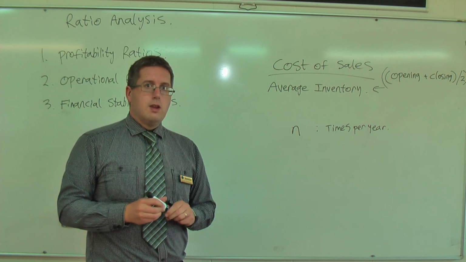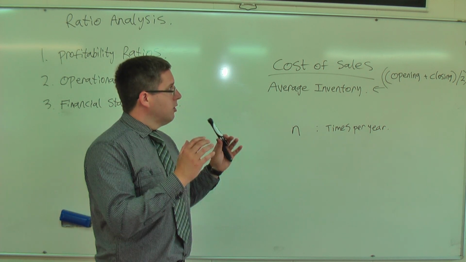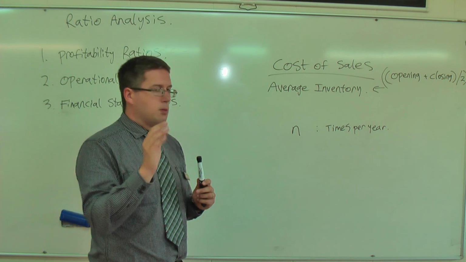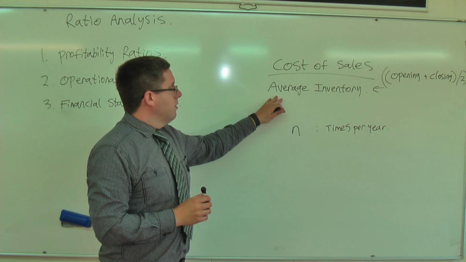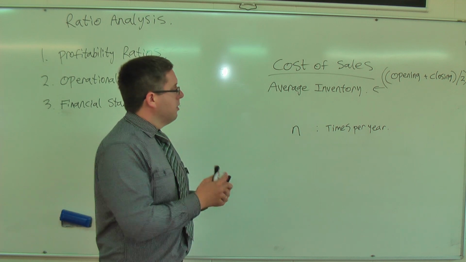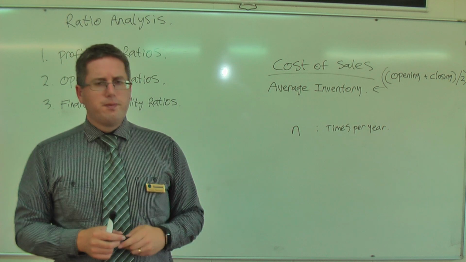If you're doing this in Excel, you will have to make sure you put that first part in brackets, opening plus closing. That needs to be in one set of brackets, then divided by 2. And that will give you the average inventory that's being held by the business. So, this is the number of times that it's been sold throughout the year.